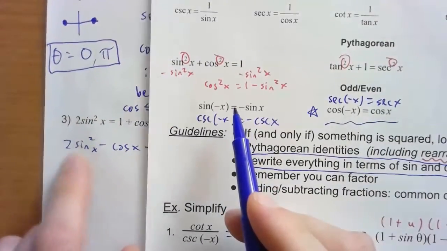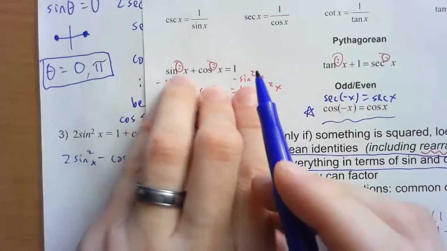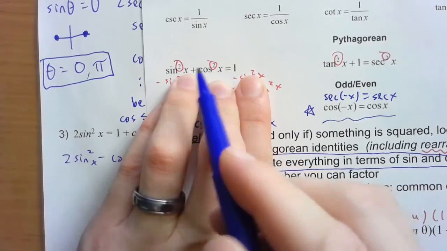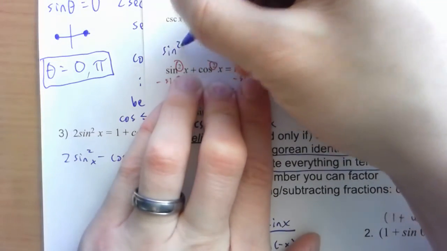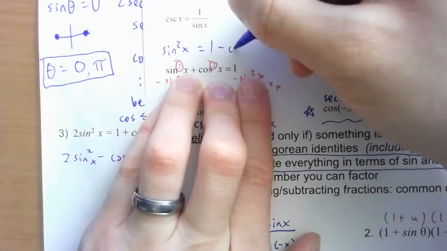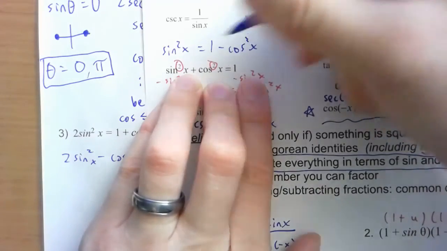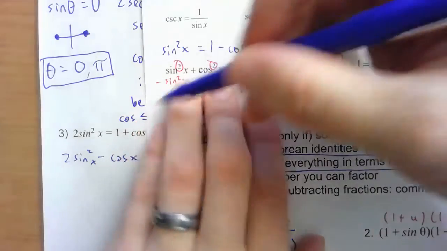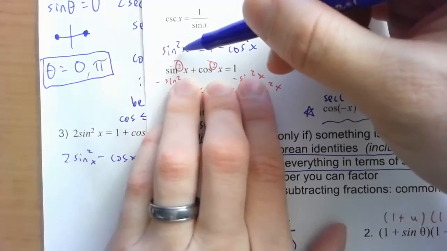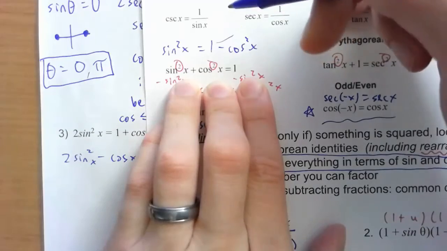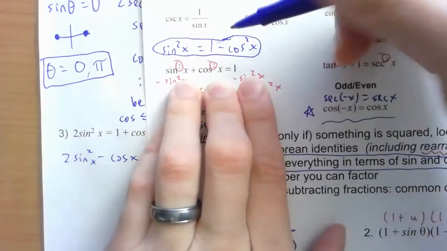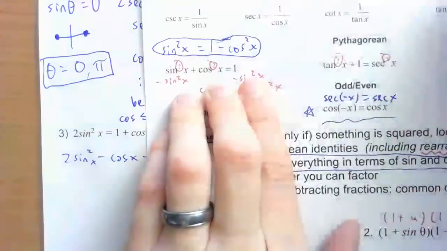Now we want to figure out what sine squared equals. So if I subtract cosine squared over, then I can figure out that sine squared x is 1 minus cosine squared x if I subtract cosine squared from both sides. And so in this equation, I can replace sine squared with 1 minus cosine squared here. Okay, we're going to take this and we're going to substitute it into that equation right there.